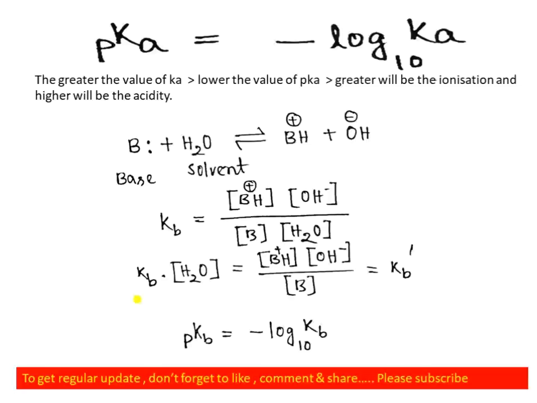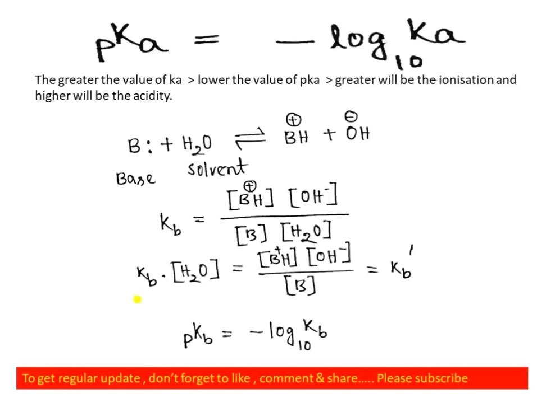Now we can write Kb, the dissociation constant or basicity constant, as the product molecules in the numerator position and the concentration of the reactant molecules in the denominator position.